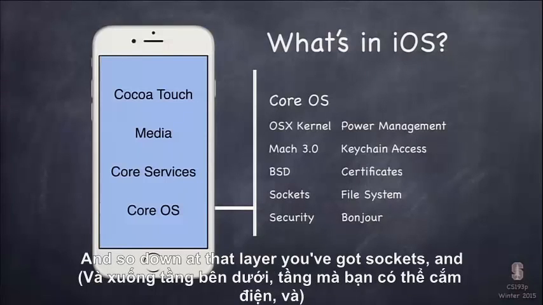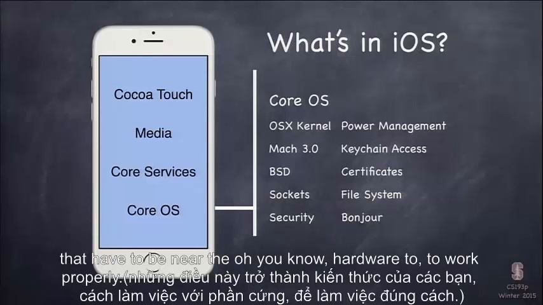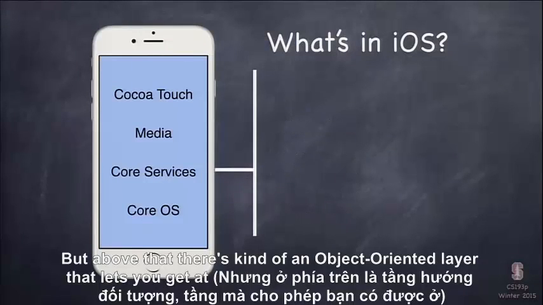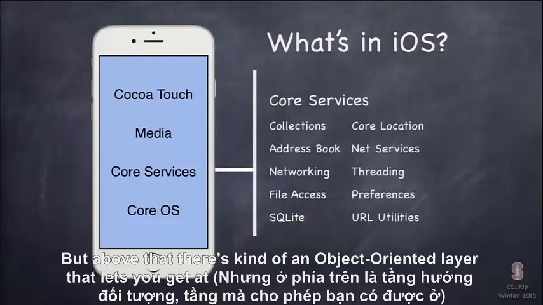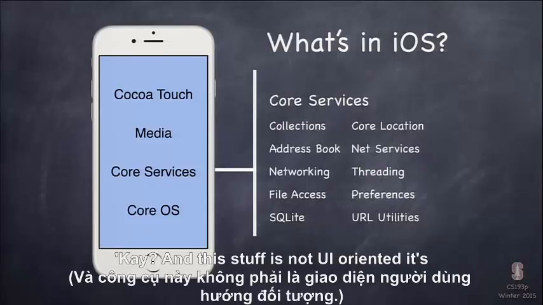And so down at that layer, you've got sockets and you've got permissions and things like that that have to be near the hardware to work properly. But above that, there's an object-oriented layer that lets you get at a lot of that stuff using object-oriented programming. Okay, and this stuff is not UI oriented.